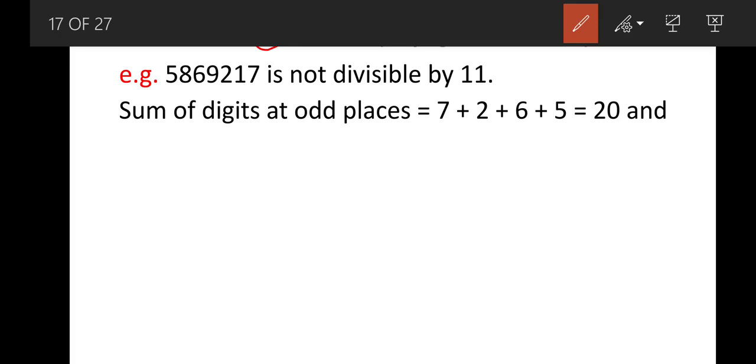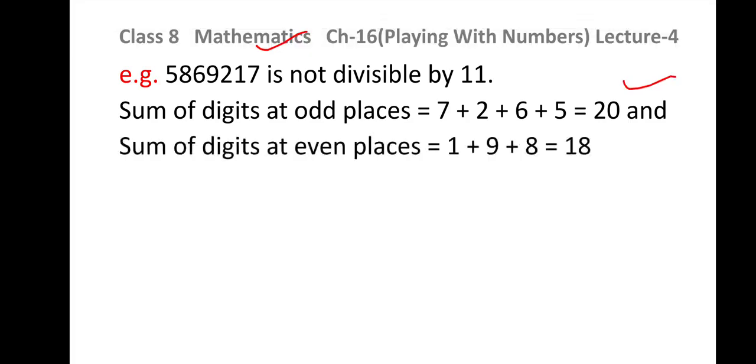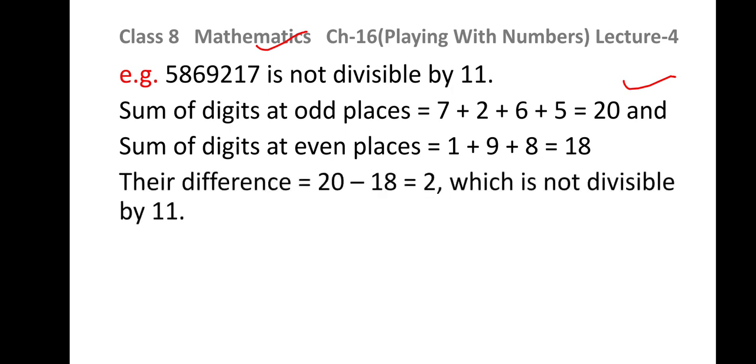Then you will come to know which digits are at odd places and which are at even places. So the sum of the digits at odd places is 7 plus 2 plus 6 plus 5, which is equal to 20. The sum of the digits at even places is 1 plus 9 plus 8, which is equal to 18. Then their difference is 2, which is not divisible by 11.